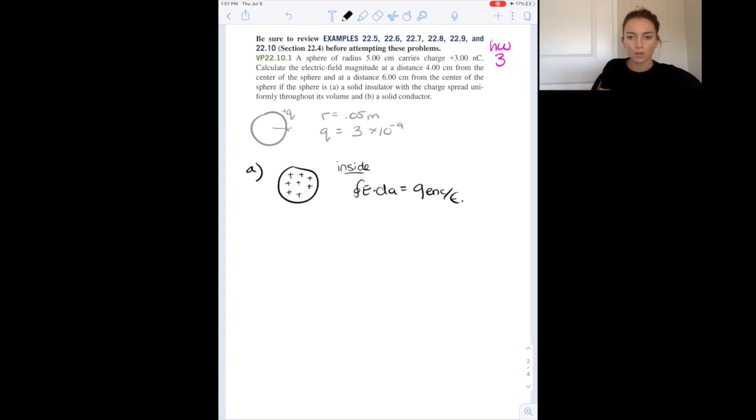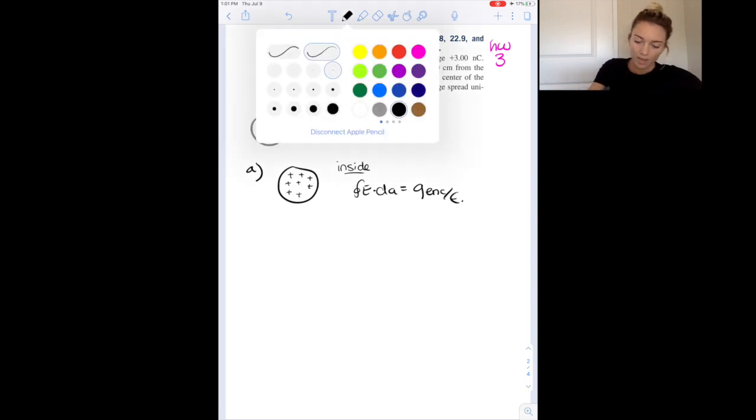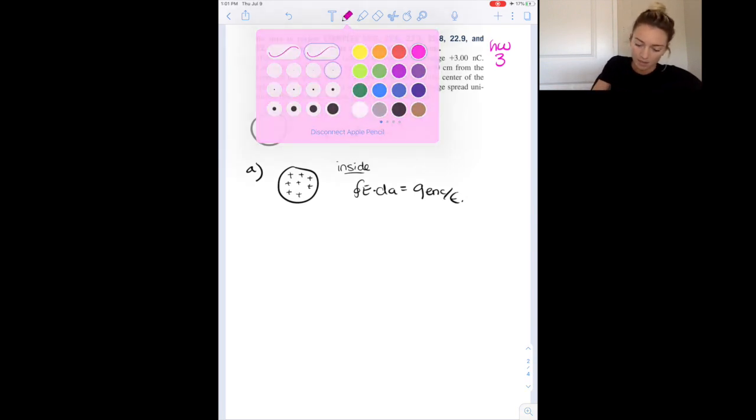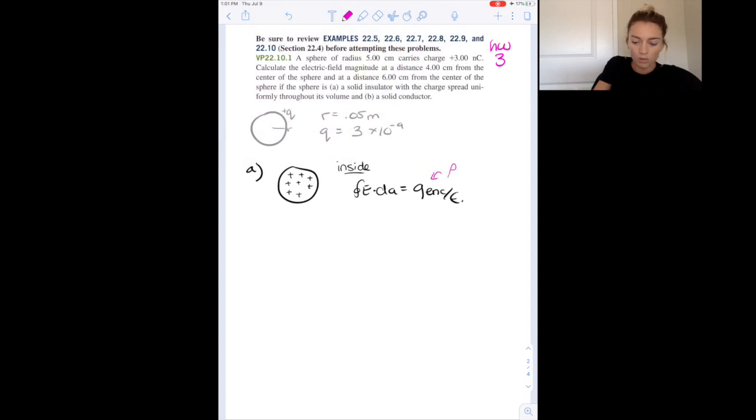The Q enclosed is the tricky part here, because if we have a uniform charge distribution, we can't just write Q. We have to find the charge enclosed, which will be the charge density times the volume enclosed by the Gaussian surface.